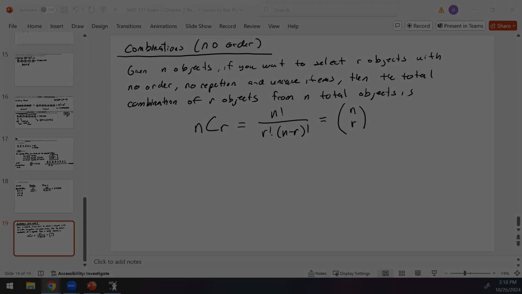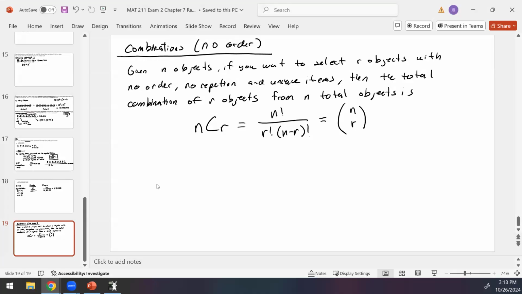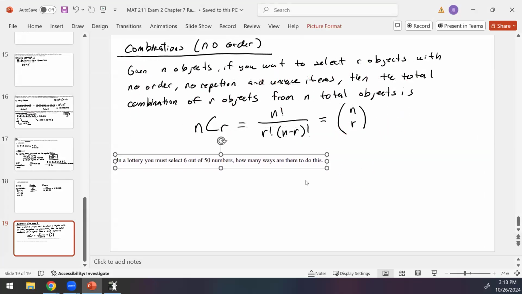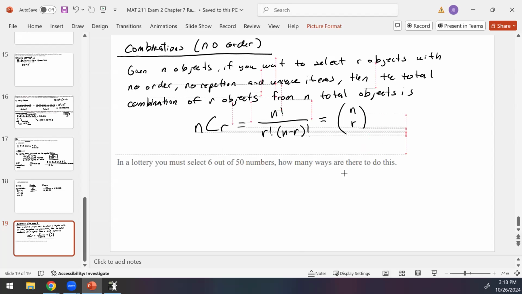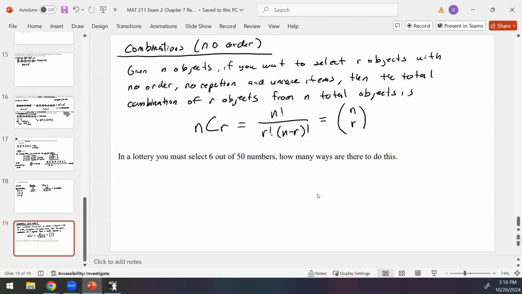So let's do a very generic problem. If you must select 6 out of 50 numbers to win the lottery, how many ways are there to do this? It doesn't matter if I pick 2 first or 3 first. It's the same problem. So step 1, find the total: n is equal to 50. Step 2, find how many you are picking.